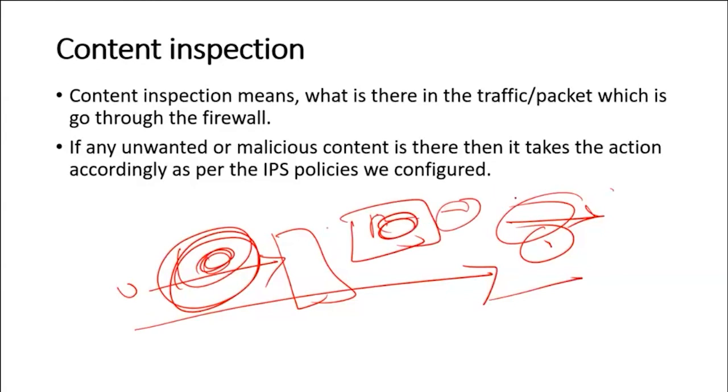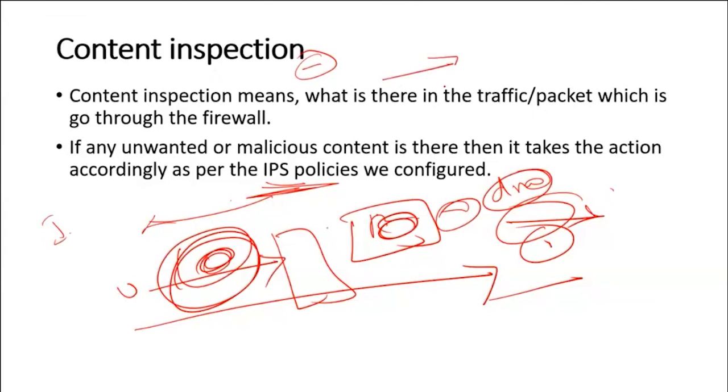If anything malicious is there, it will drop it right there. Content inspection is based on IPS policies. IPS stands for intrusion prevention system. I'll explain it later on. First, just remember that content inspection is happening. Content means whatever is there in the traffic or the packet, the data traffic, it will check that.